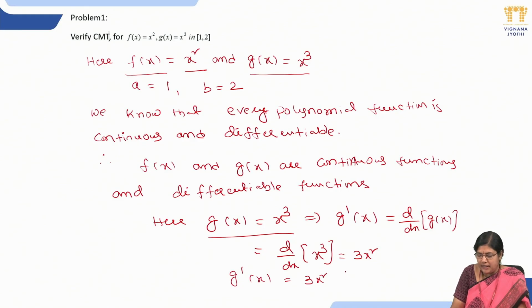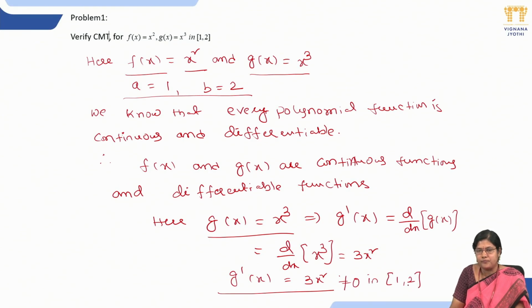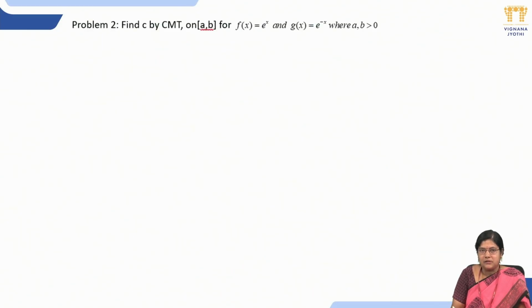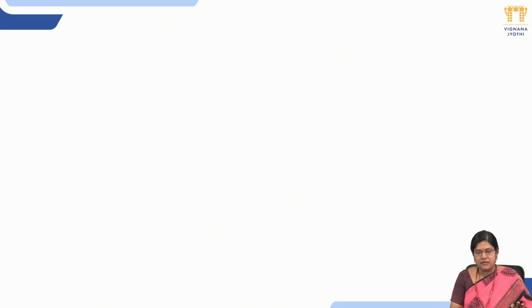The given interval is [1, 2], so g dash of x is not equal to 0 in the closed interval [1, 2]. Therefore, clearly f of x and g of x satisfy all the conditions of Cauchy's mean value theorem.